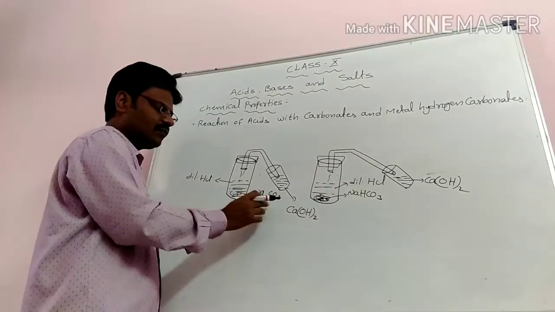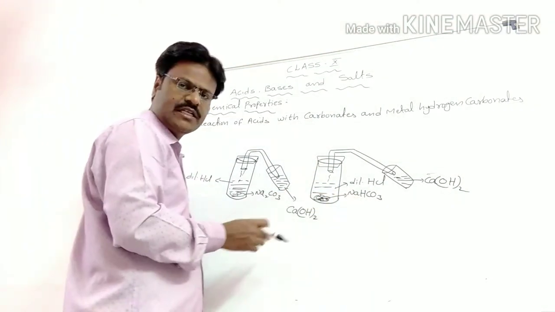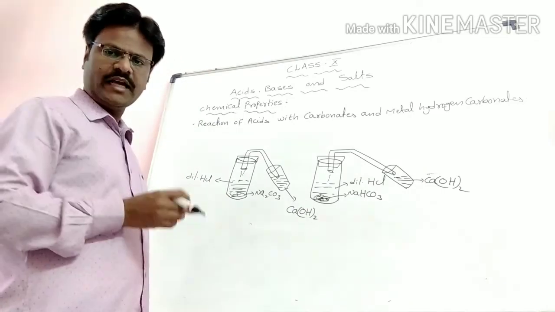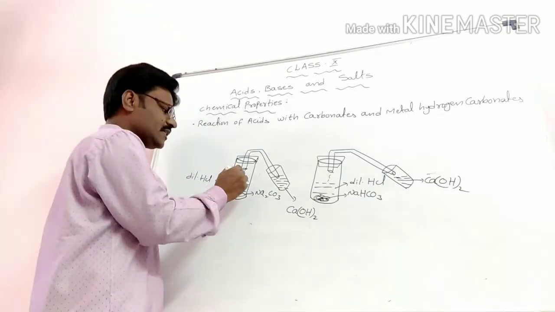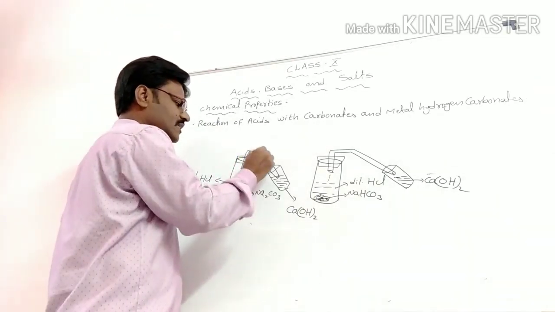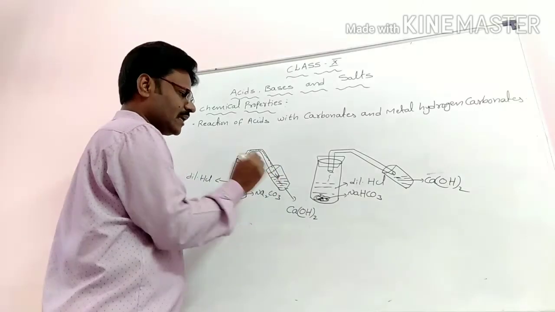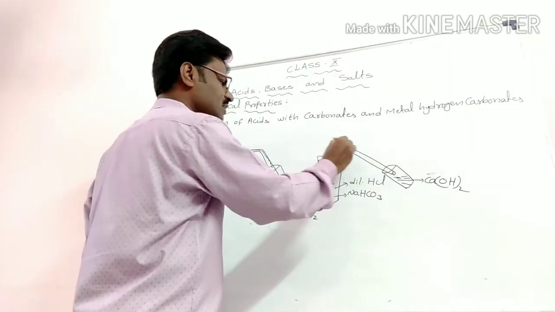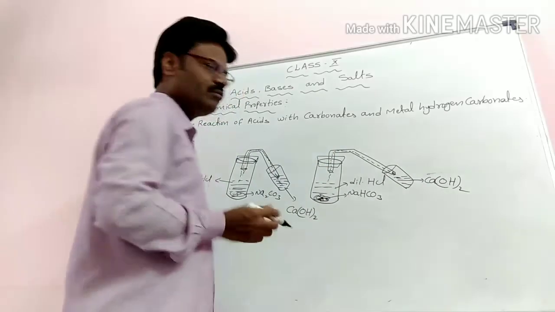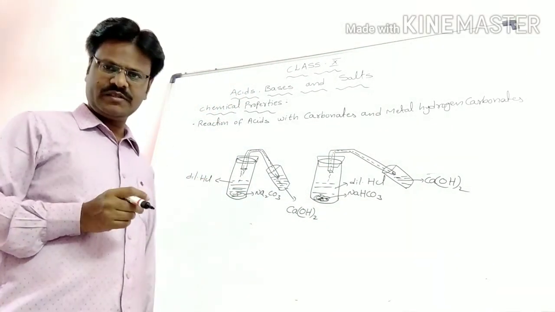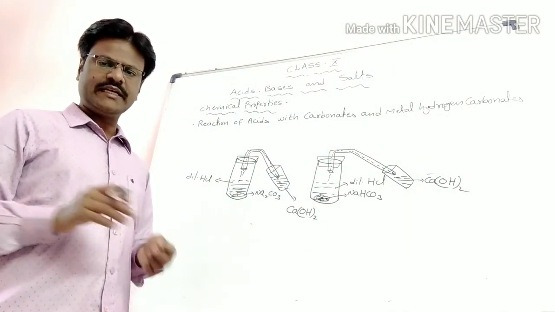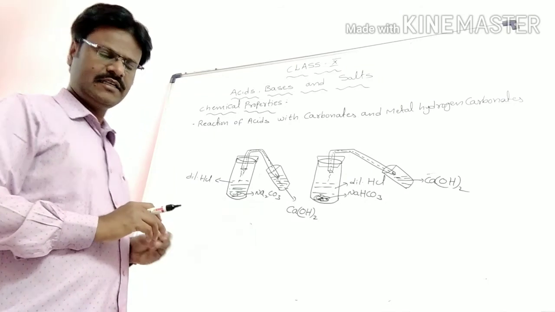When metal carbonates and metal hydrogen carbonates both react with acids, they release one colorless gas. That colorless gas enters into the slake lime, and after some time this slake lime becomes milky white. So the gas is carbon dioxide gas.